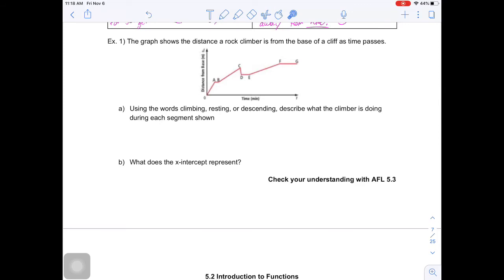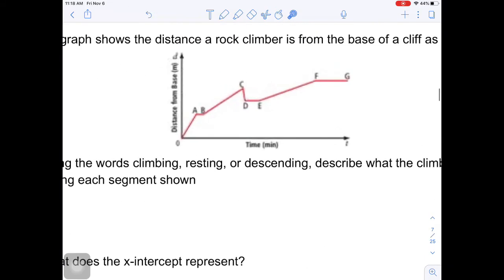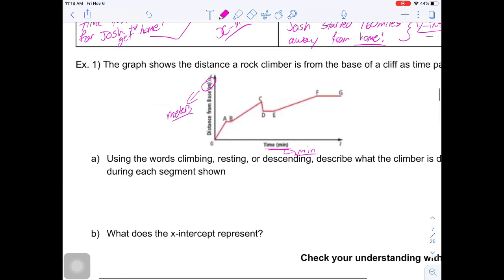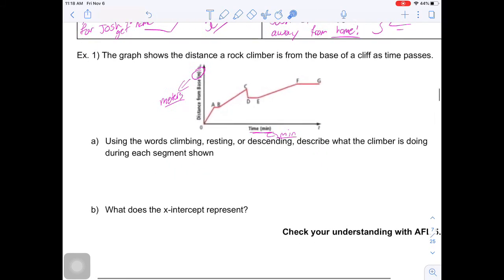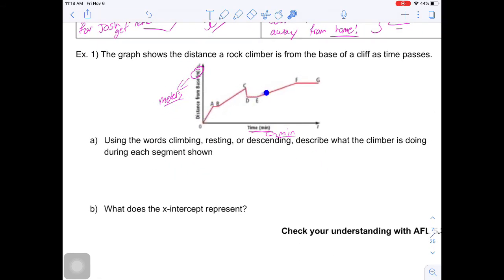So let's look at a quick example. The graph shows the distance a rock climber is from the base of a cliff as time passes. It's a little hard to see. This is the distance from base, and it looks like this is measured in meters. And this is our time in minutes. What we have to learn how to do is describe this graph. So what is happening in this graph?